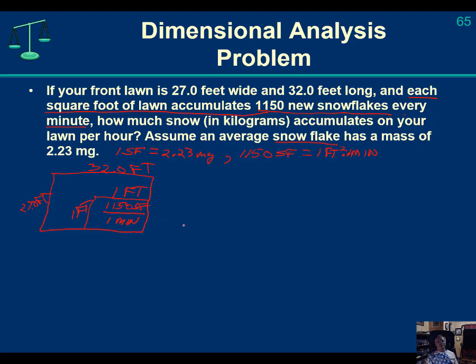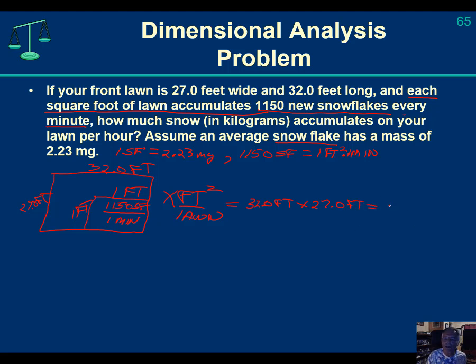Okay, I actually think we have enough information. I guess all I have to do now is figure out, well, how big is my lawn? So X feet squared for the entire lawn, that's actually what I'm interested in. That's just going to be 32.0 feet times 27.0 feet.